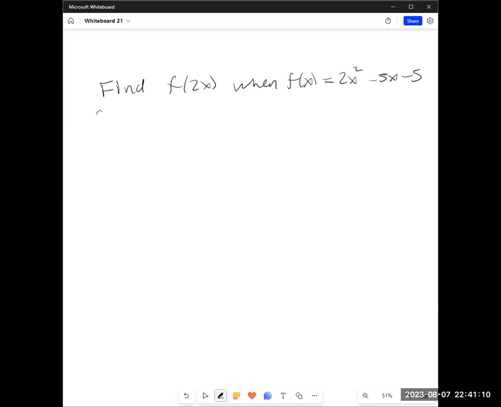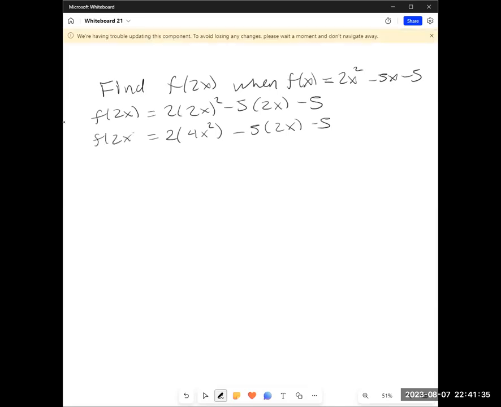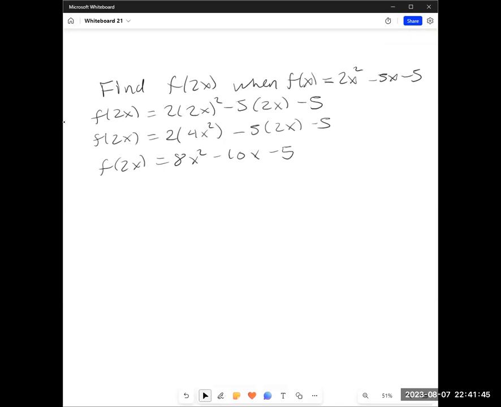So to do that, we're going to put 2x in for all the x's, like so. And we're going to take care of our parentheses there that were raised to an exponent before we take care of the multiplication. And there's our final answer for that one.